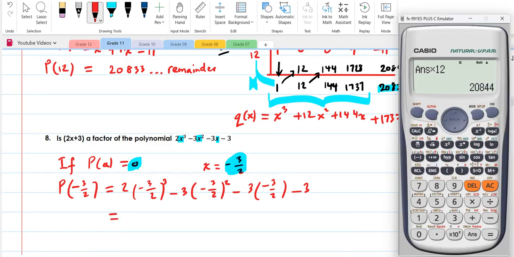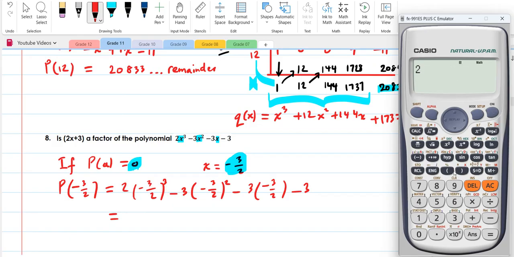So let's see. We got 2 into negative 2/3 to the power 3 minus 3 into negative 2/3 to the power 2 minus 3 into negative, sorry, it's not negative 2/3, it's negative 3 over 2.